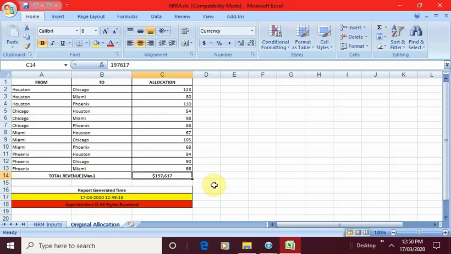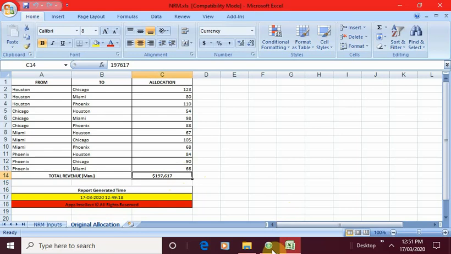So 250 times 3 times this figure of 197,617 would come to approximately $1.48 million. So this Houston hub is generating revenue of $1.48 million if it is continued for the whole year.